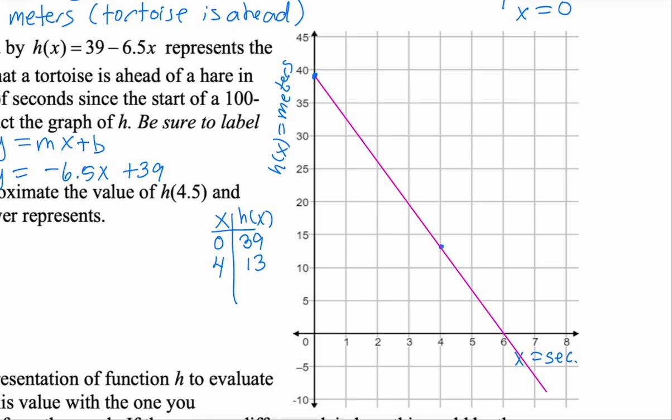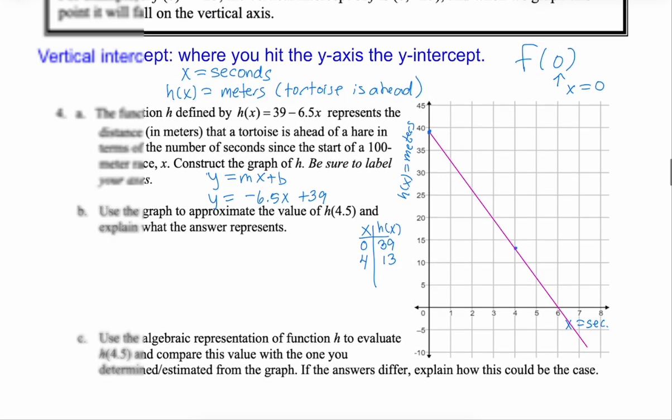So he starts out 39 meters ahead. And then there's going to become a spot right here where he gets behind, and the hare, if he is 5 meters down, if he is 7 meters down, whatever the case may be, that means that the hare is in front of him. Okay. So that's kind of what those things mean.